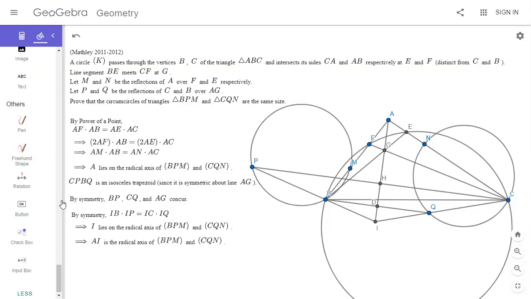And so do we even need D and H? Because now we know that once we know that AI is the radical axis. It's the trapezoid that was the important piece. Do we even need that G is the intersection of those three?